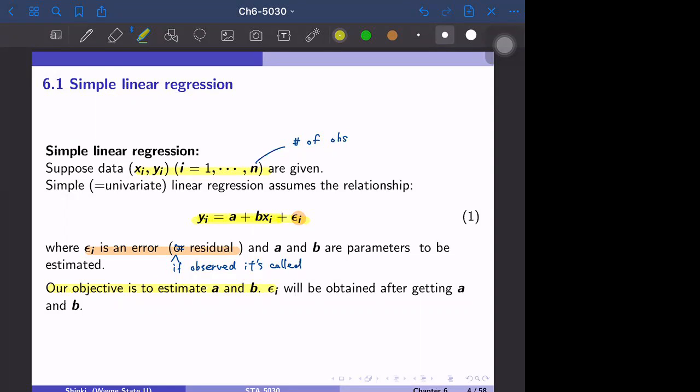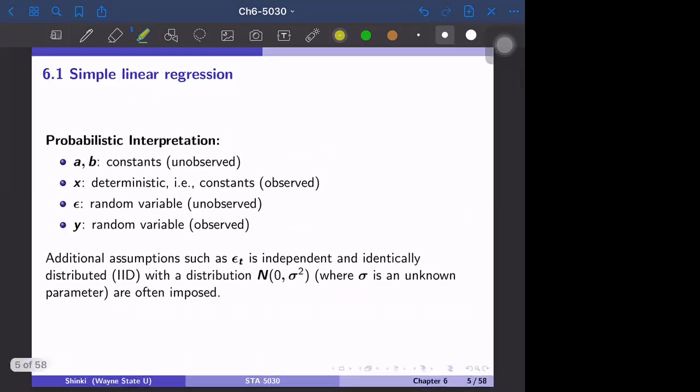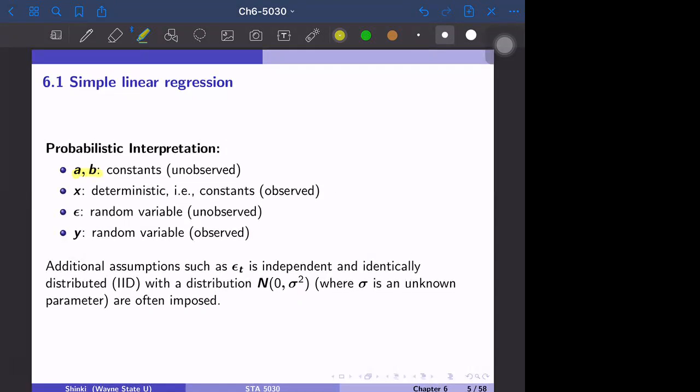Now, the probabilistic interpretation. A and B are constant and unobserved, but there is some truth: how much weight is gained when the mouse has one calorie more.